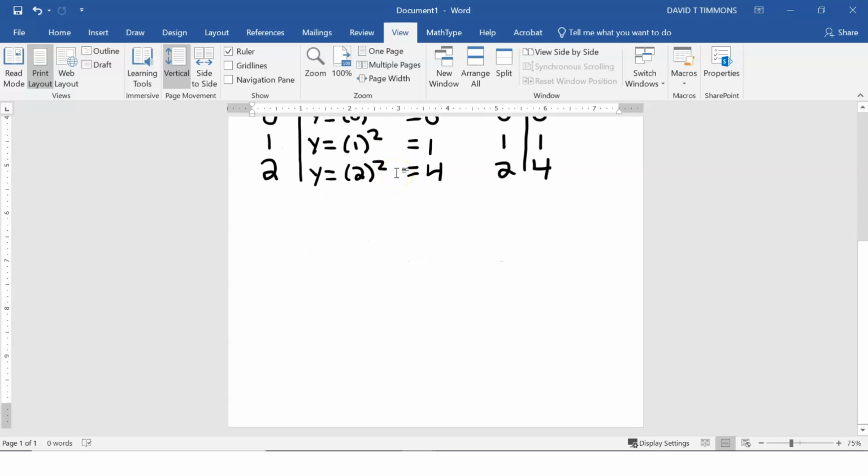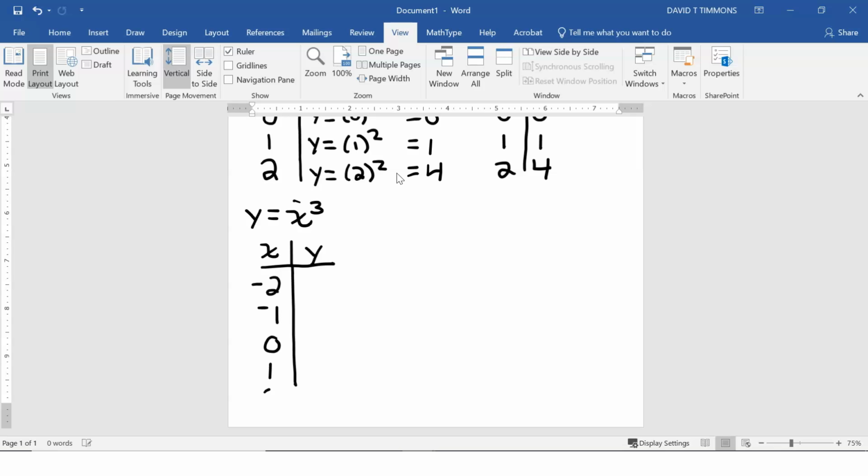Why don't I show one more with the cubic function? So let's say we have our cubic function. This is our base function. Again, I can pick those same 5 x values, -2, -1, 0, 1, and 2.